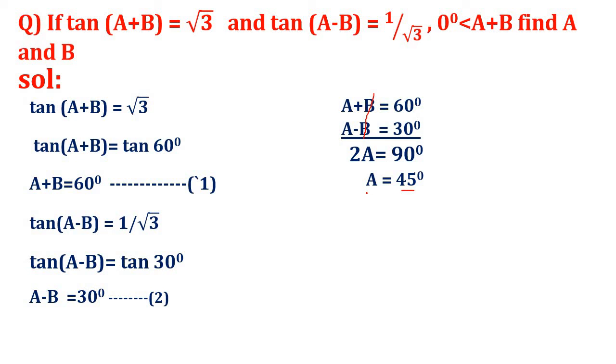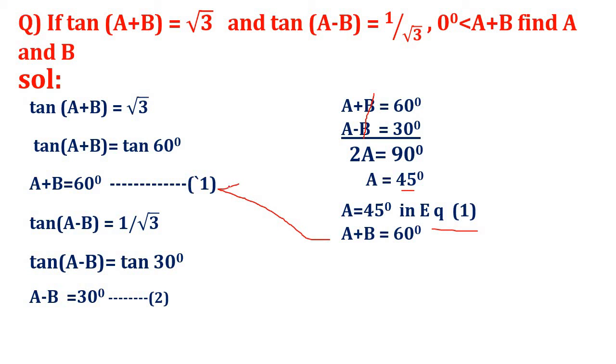Now we can substitute the value of A in any one of the equations. Therefore, let us substitute angle A is equal to 45 degree in equation 1. So equation 1 is A plus B is equal to 60 degree.